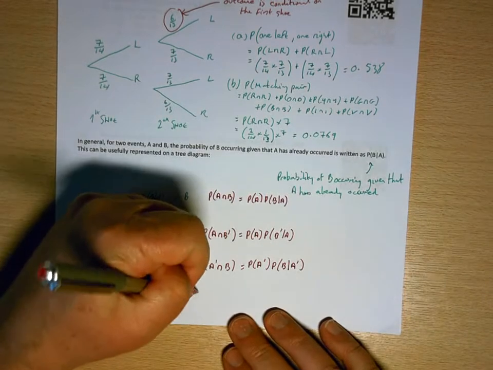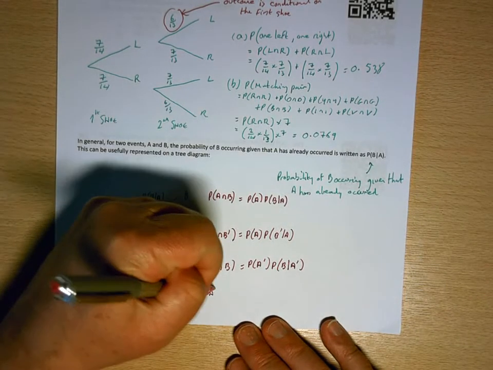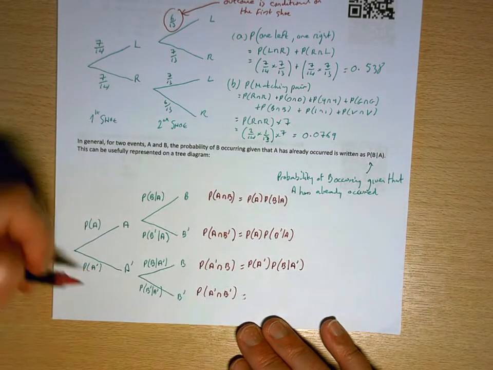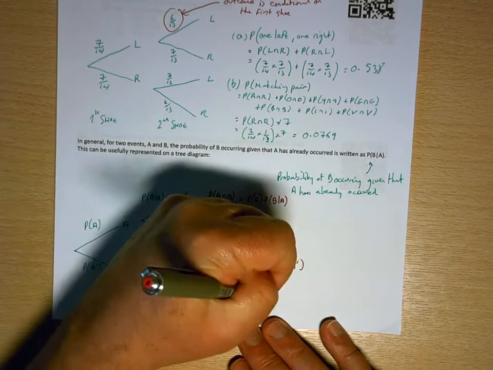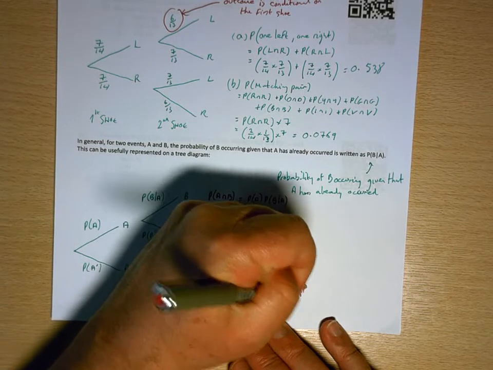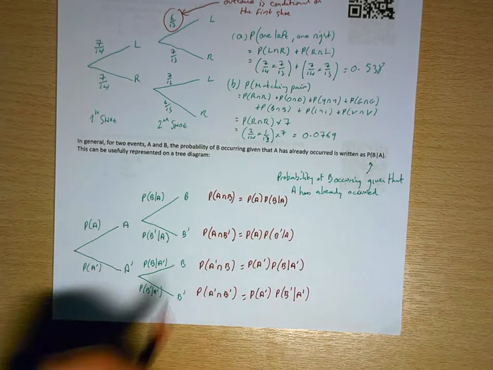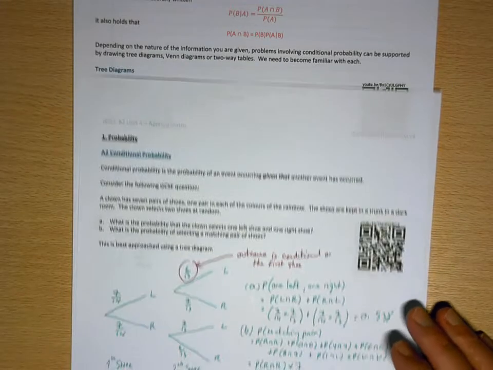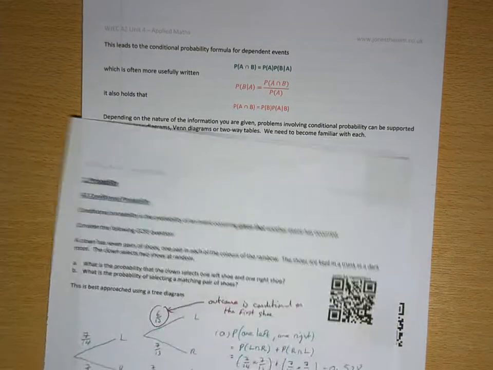And finally, the probability of not A and not B will be the probability of not A multiplied by the probability of not B given not A. And this leads us then to the generalization, which we'll look at before the next couple of examples.